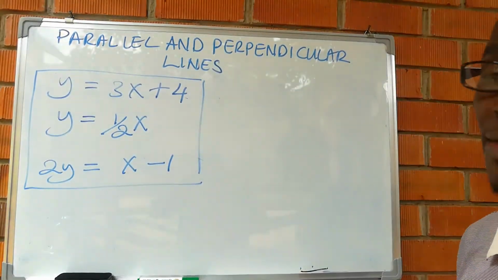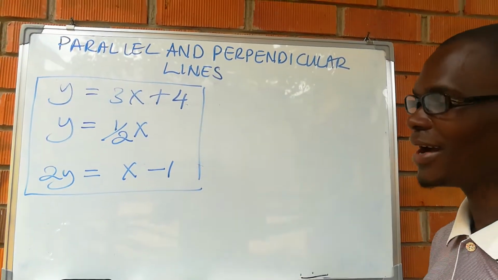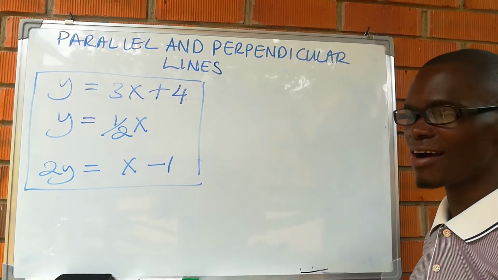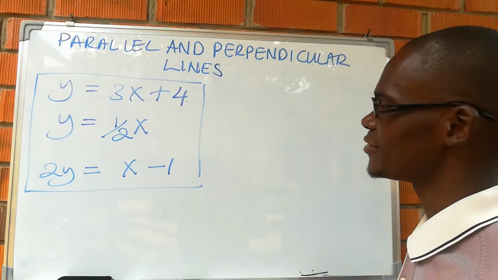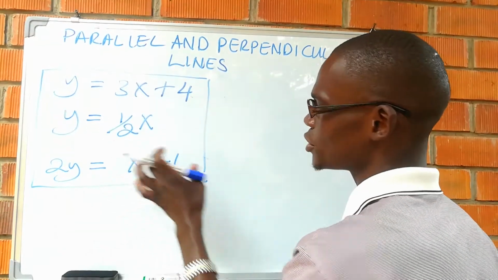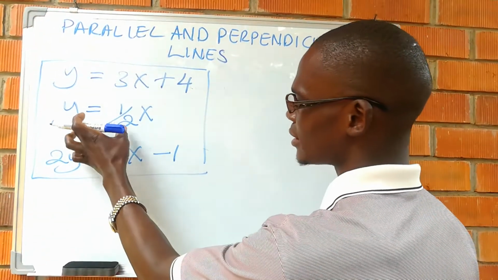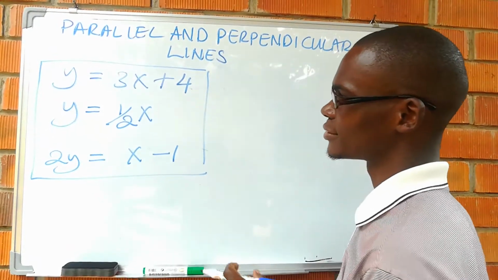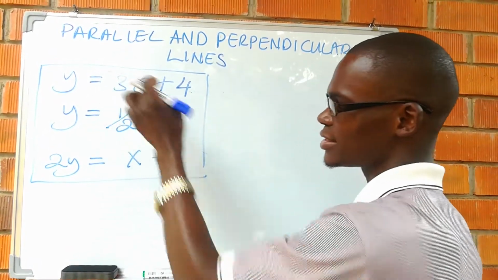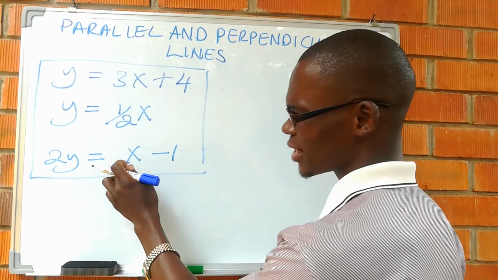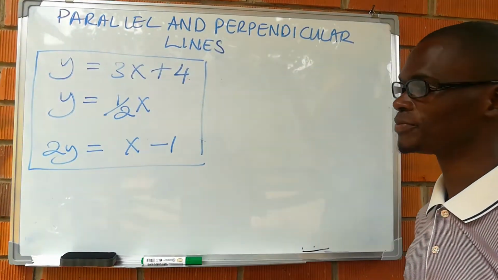Remember, parallel lines have the same gradient, and if you look at these three equations of lines, you note that the gradient of this is a half. The gradient of this is 3. What is the gradient of the last equation?